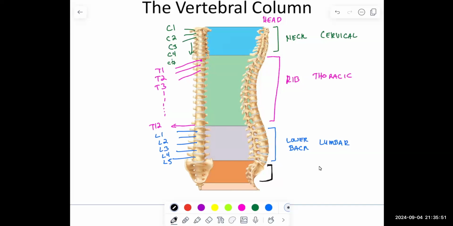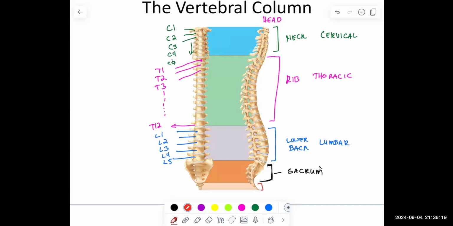This one is part of your axial skeleton. This is where your hips attach. Your hips are part of your appendicular skeleton. This one bone, sacrum. Then the true tailbone.